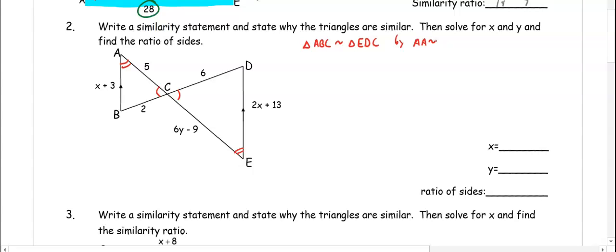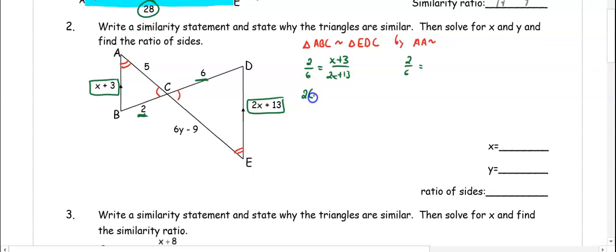So when we go to set up our ratio here, we have 2 and 6 are corresponding sides because they're on the same diagonal, and in the name, they are the second and third letter. So we're going to use 2 over 6 to solve for x and y. So to solve for x, we would have x plus 3 over 2x plus 13.